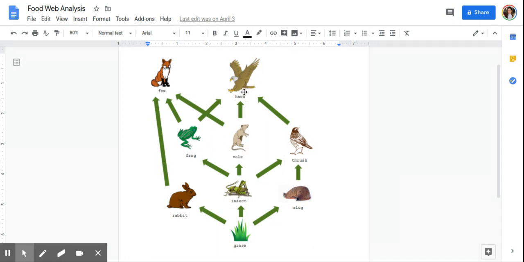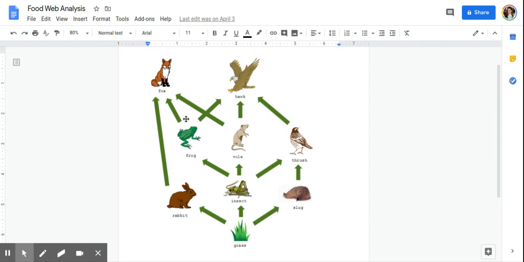The hawk might be a little affected, but not so much because it's also getting its energy from this bird and this frog. Now, if this insect is gone, the grass, which the insect consumes, might actually benefit here because one of its consumers is gone. Okay, so I want you to start thinking critically like that as you work through these problems.